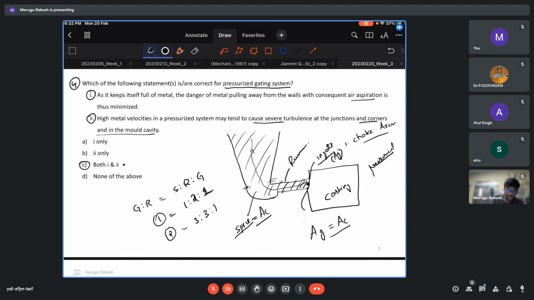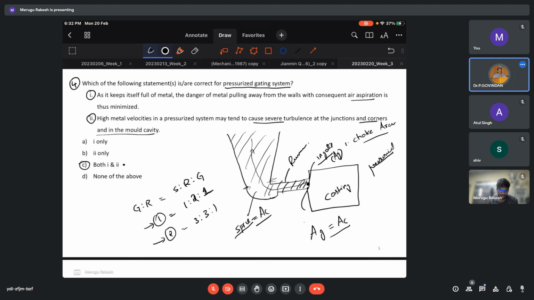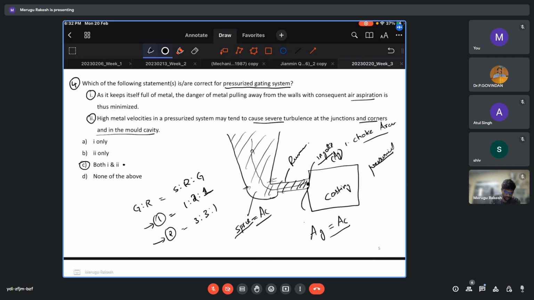Can anyone tell me which of these two will be the pressurized gating system? First one, sir. Okay. What about the second one?